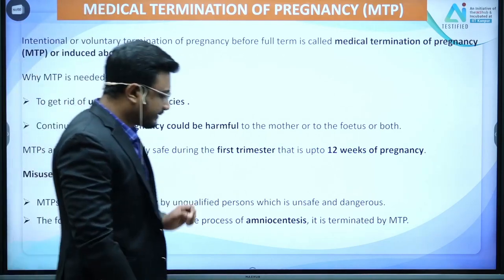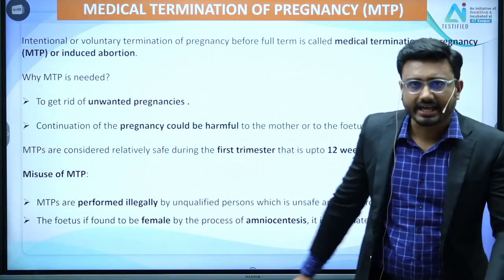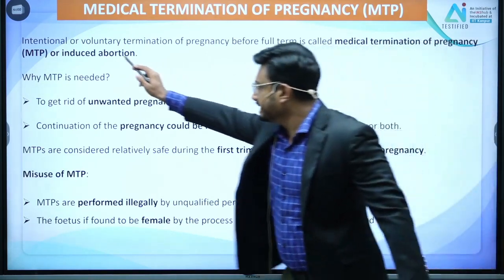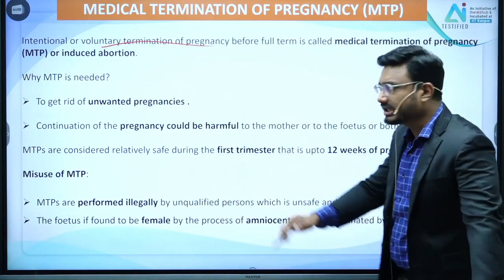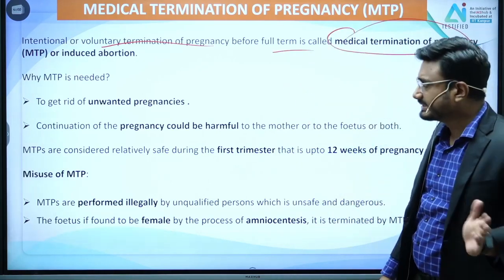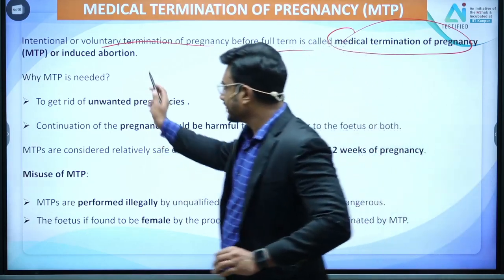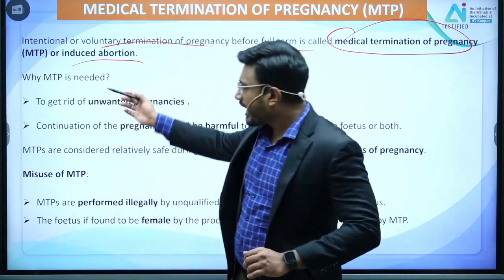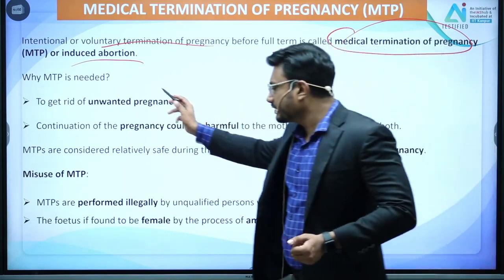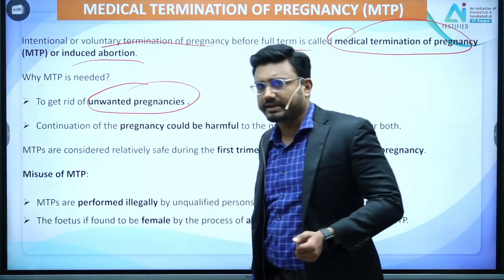So medical termination of pregnancy is abbreviated as MTP. The intentional or voluntary termination of pregnancy before full term is known as medical termination of pregnancy, or induced abortion. Why is it needed? It is needed in order to get rid of unwanted pregnancies.